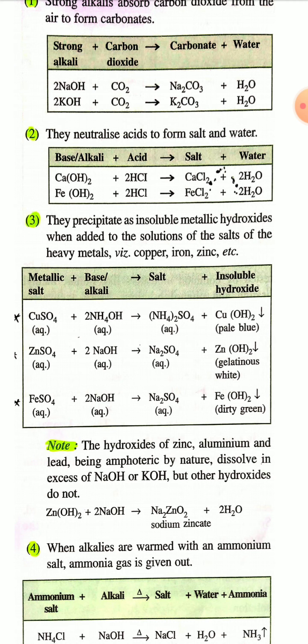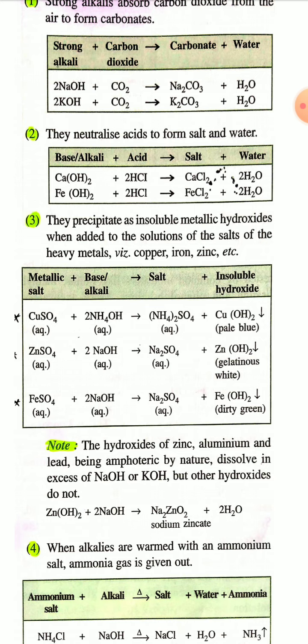But the other hydroxides do not, that is copper hydroxide, ferrous hydroxide. These hydroxides will not dissolve in excess alkalis. But zinc hydroxide, aluminum hydroxide, the precipitates of these hydroxides will dissolve in excess NaOH or excess KOH.